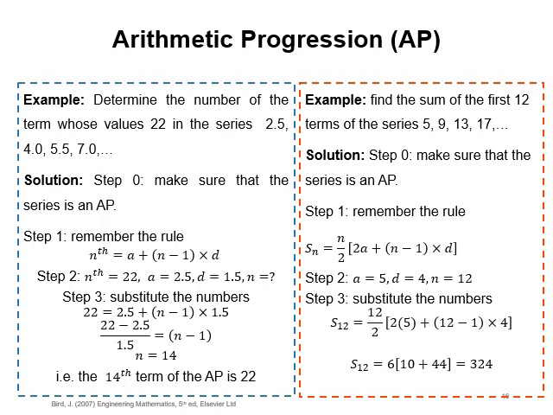Then I come to the formula. I know nth equals a plus n minus 1 times d. I have a, I have d, I have the nth itself. Then I substitute, as you can see, and do the math. I found that the position will be 14. So item number 14 in this arithmetic progression has the value 22.